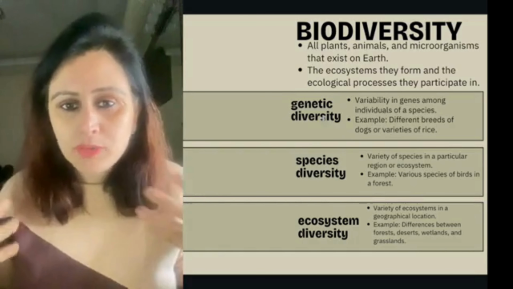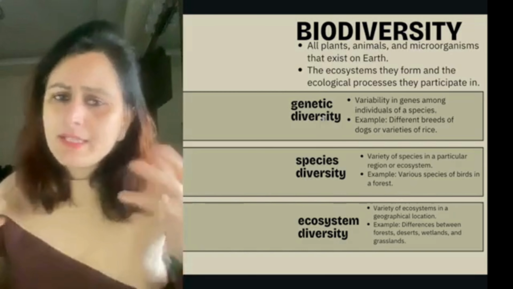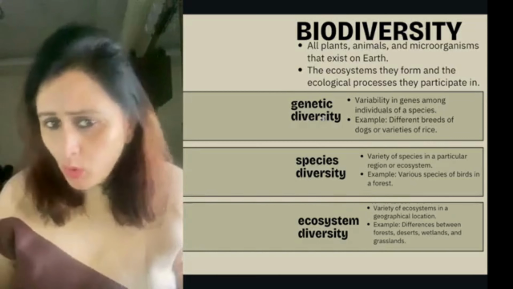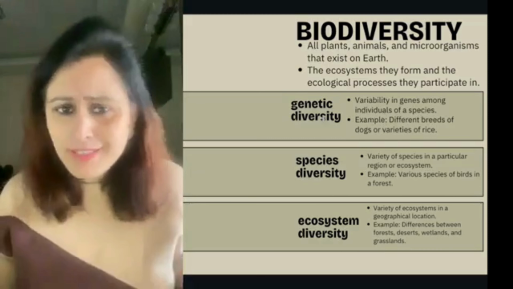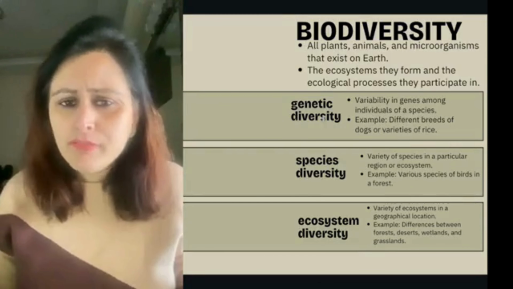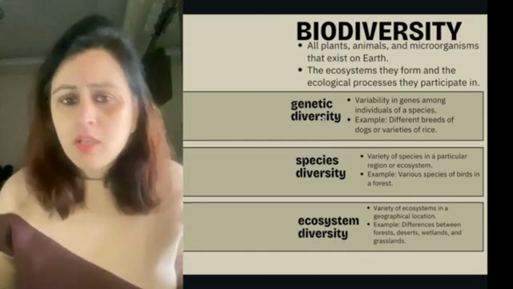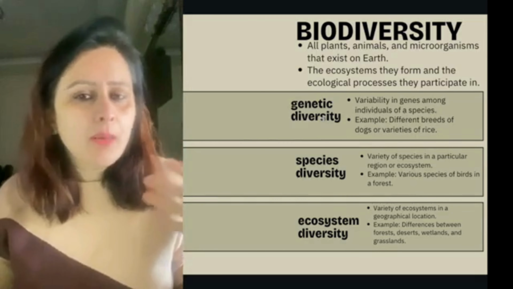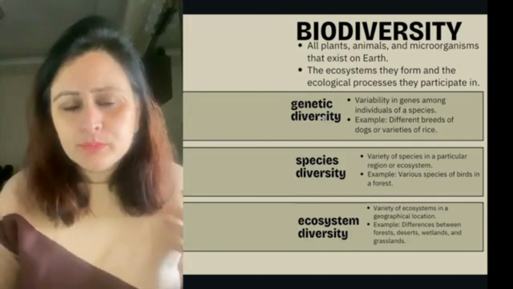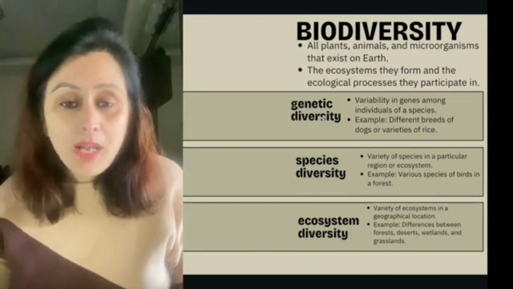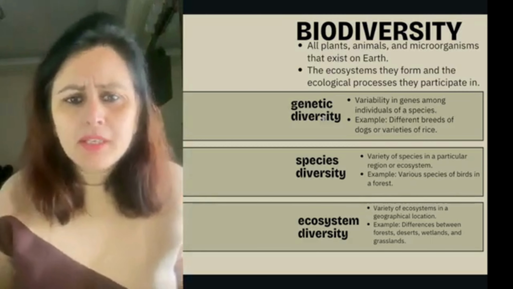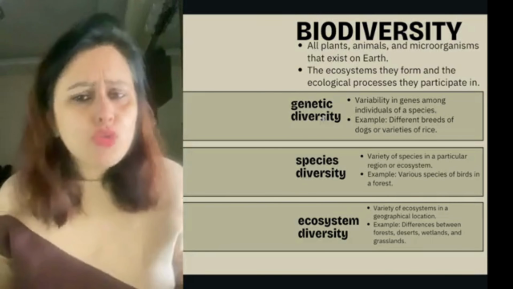First of all, let's talk about genetic diversity. Let's take the example of dogs, right? अब हमारे around there are a variety of dogs, the different breeds we see around us. Some are Labradors, some are golden retrievers, some are huskies, some are Pomeranians, some are beagles, and so on, right?